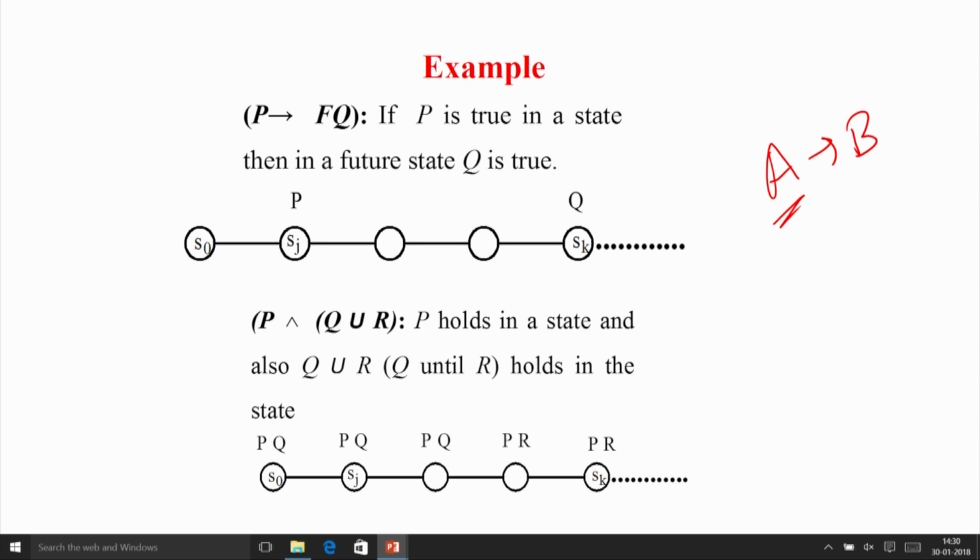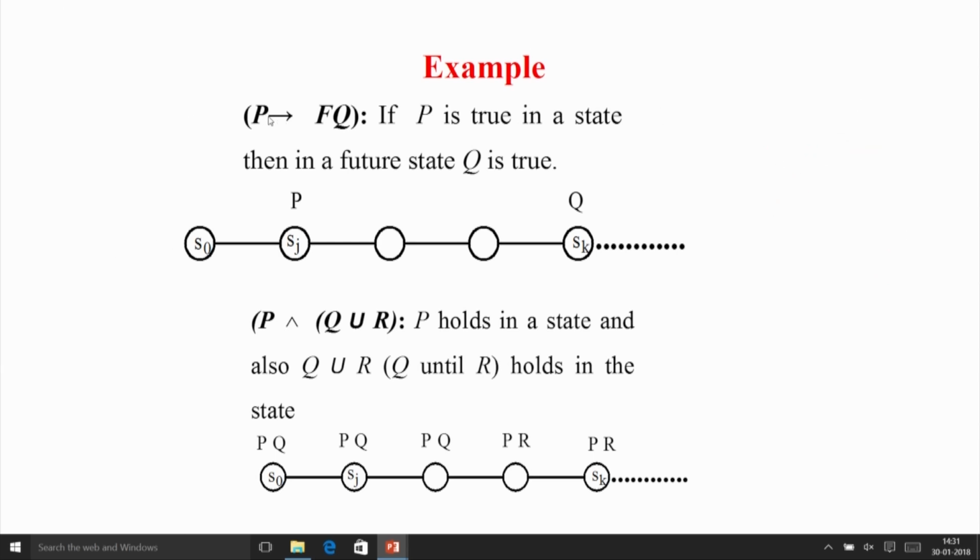So A imply B means basically not A or B. If A itself is false, we assume it to be vacuously true. But otherwise if A is true then B has to be true, otherwise the property is not holding. So that is one thing you have to keep in mind.